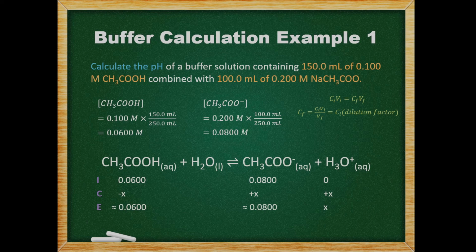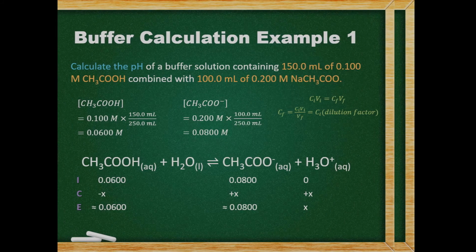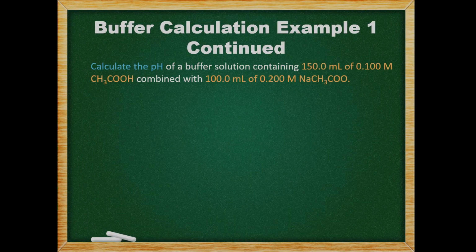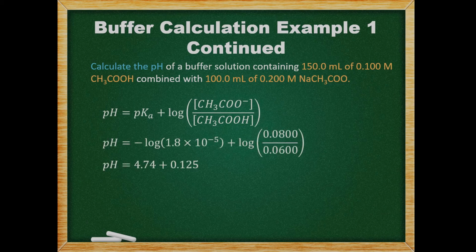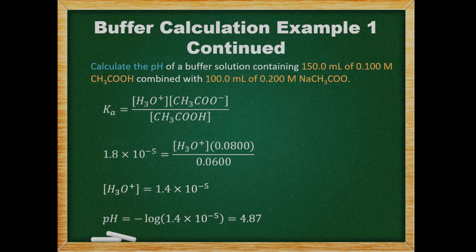X is so small that it won't affect the acid and base concentration significantly. Now we can plug the equilibrium concentrations and Ka value of the acetic acid into the Henderson-Hasselbalch equation to give us the pH of the buffer. Note that the same answer results from just plugging our values into the Ka expression.